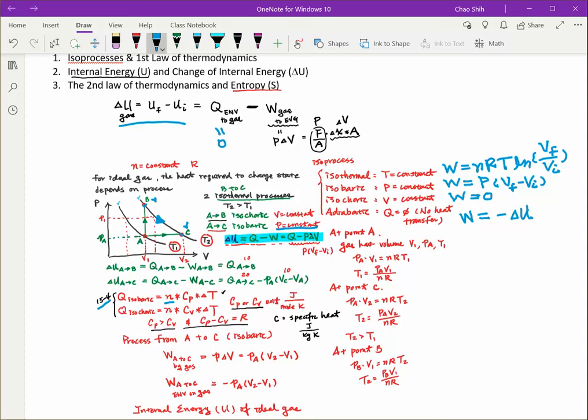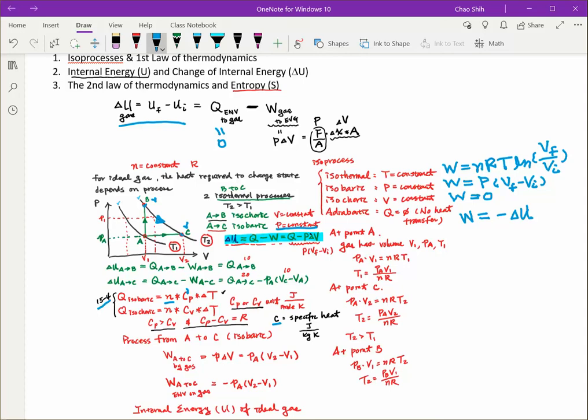Therefore, the capital C here is defined differently. It's not the same as the small c, which represents specific heat. The capital C represents the molar specific heat: how much heat is needed to change the temperature of 1 mole by 1 degree.